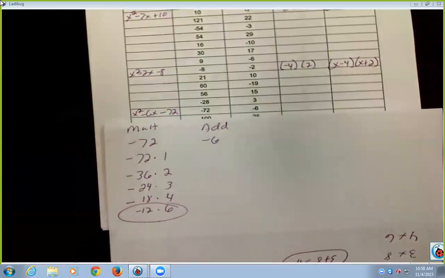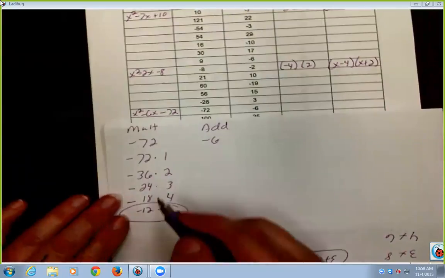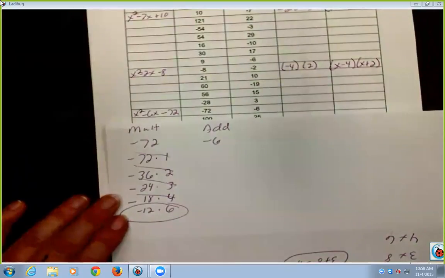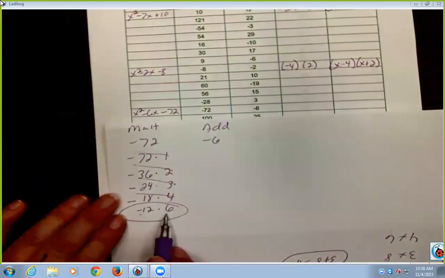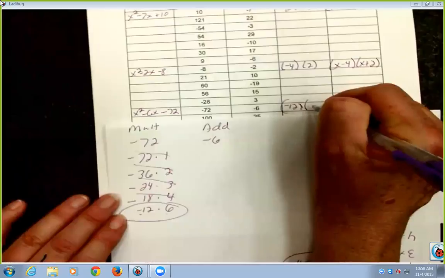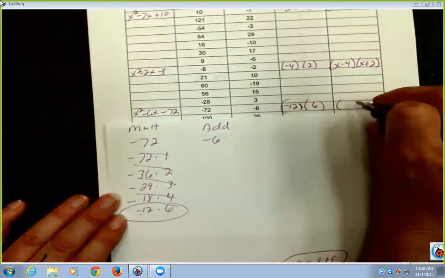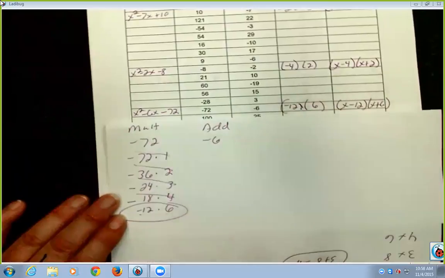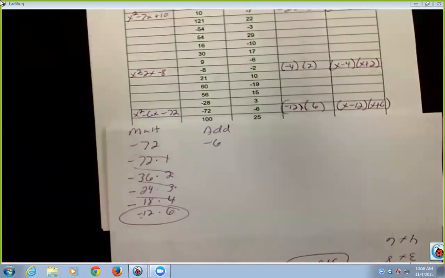And you don't need to write them down. You can go through them in your head if you want to, and adding at the same time. We know all of these are going to be way too big for the middle term. So negative 12 times positive 6 is what's going to give it to me. So I get the factors of x minus 12 and x plus 6 for those.